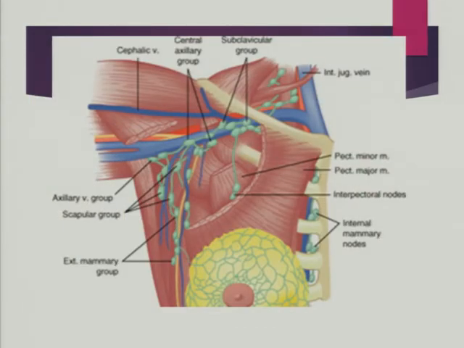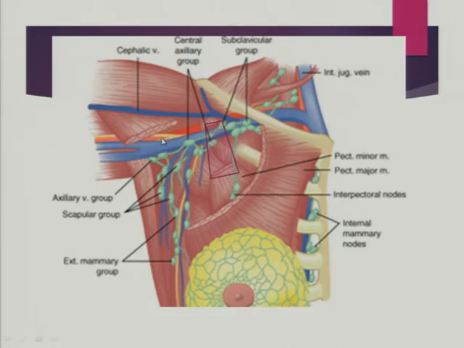For topographical and surgical purposes, we tend to describe the lymph nodes of the axilla and separate them into 3 levels. The 3 levels are determined by the area of the pectoralis minor muscle. This is the major and this is the minor.